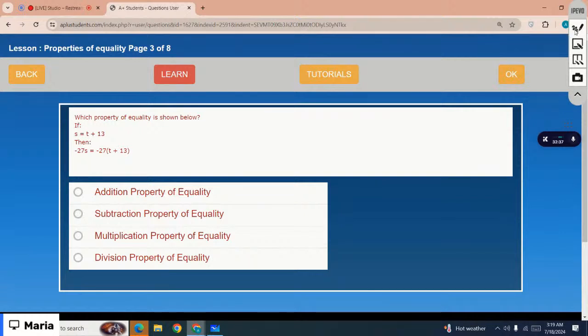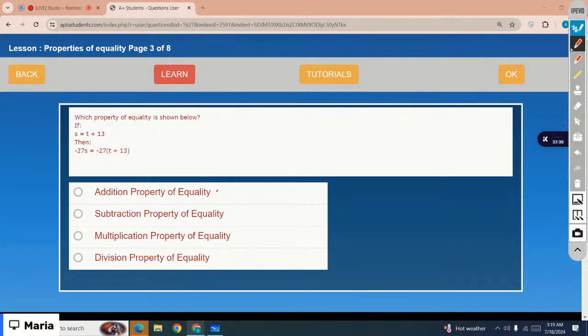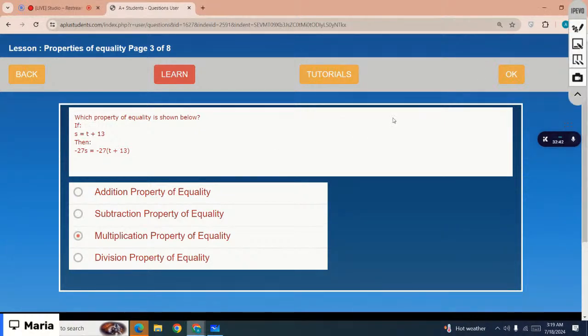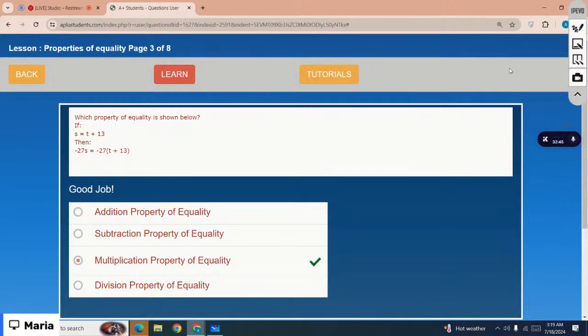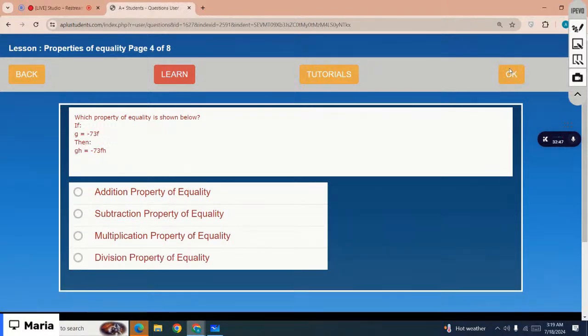So the correct option is multiplication property of equality. Got it? Okay, the next one: which property of equality is shown below? If g equals negative 73f, then gh equals negative 73fh. So which is the correct option? We are multiplying by h on both sides, right?